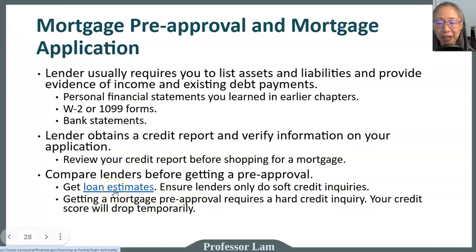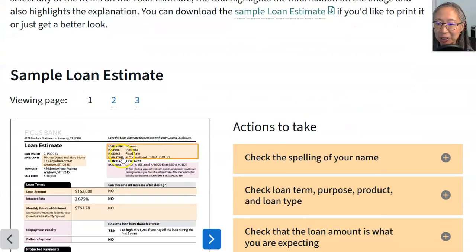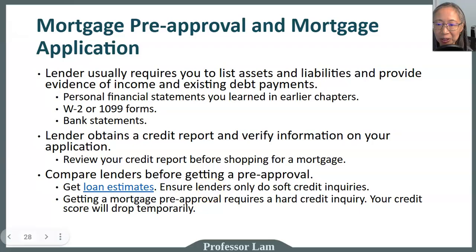The Consumer Financial Protection Bureau has an excellent interactive tool that helps you understand what a loan estimate looks like. You can click on each part and it will tell you what those terms mean. I encourage you to go to the website. The link is included in the slide.